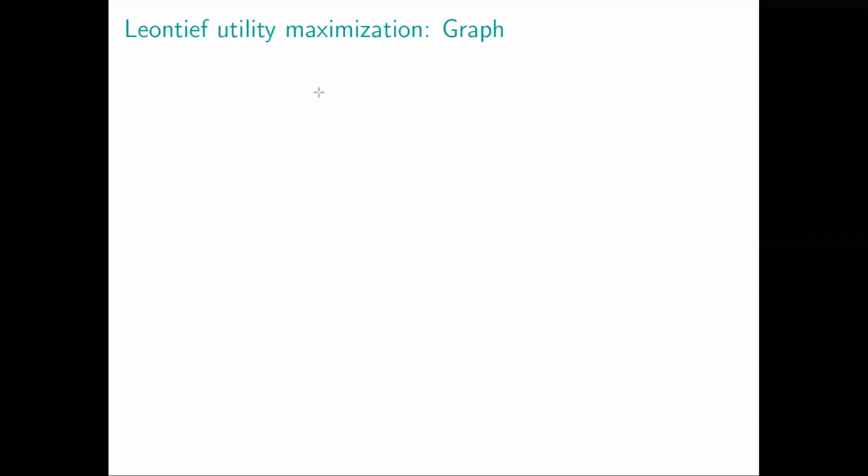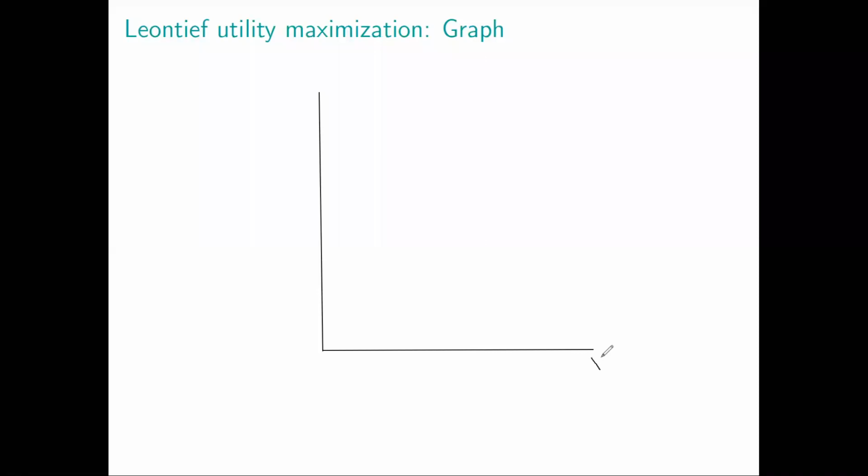Again, we'll put good 1 on the horizontal axis and good 2 on the vertical axis. And here we've got good 1 and good 2. Again, we'll put the budget here in orange. Here, the axis and slope won't end up being that important, but as good practice, we'll put them in anyway.